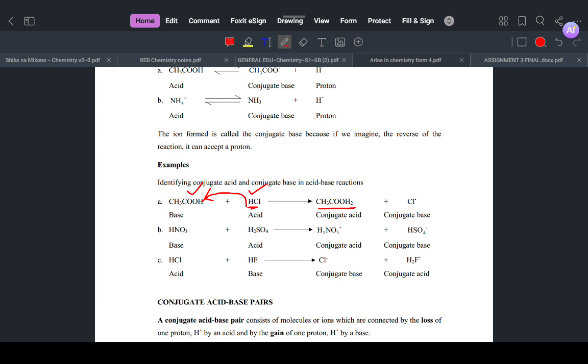The 2 indicates that there has been an incoming hydrogen from HCl. Therefore, the product is a conjugate acid. The Cl minus, which remains after the hydrogen has been donated, becomes a conjugate base.